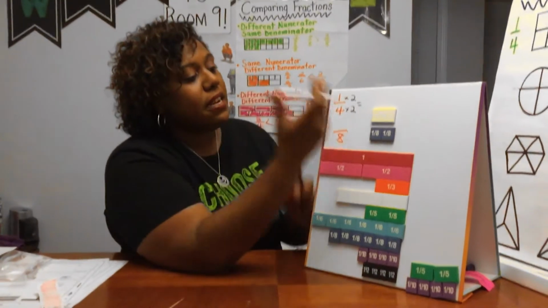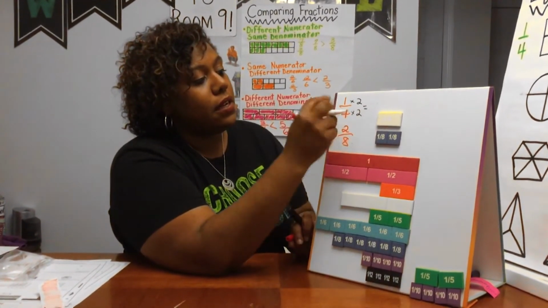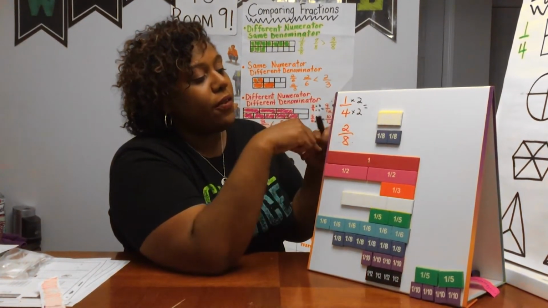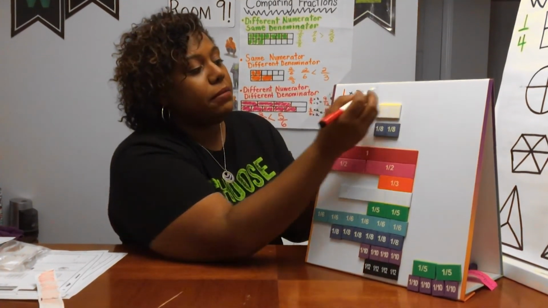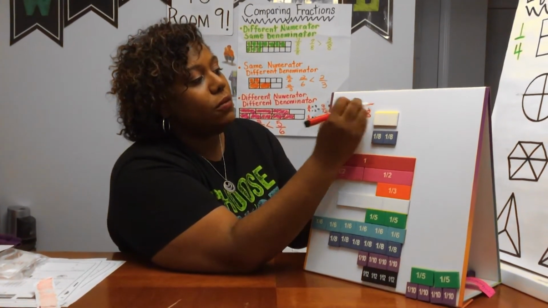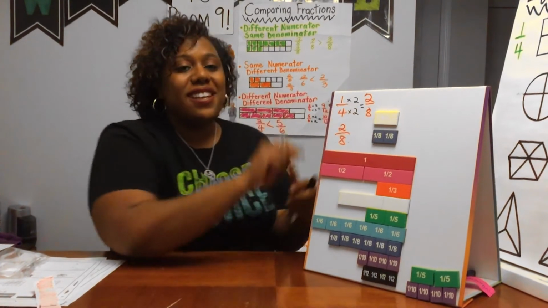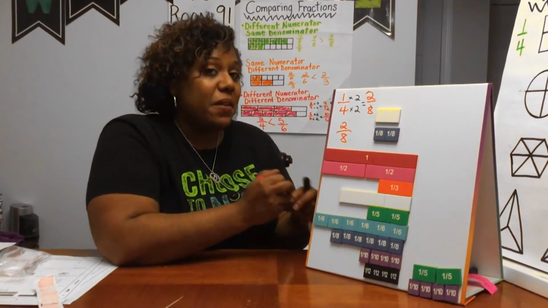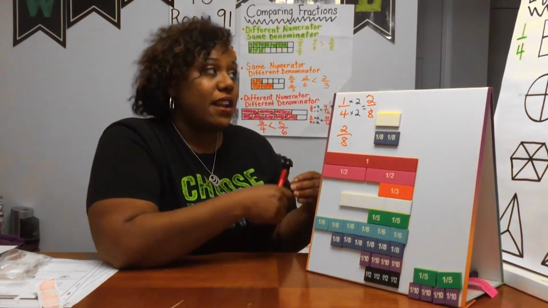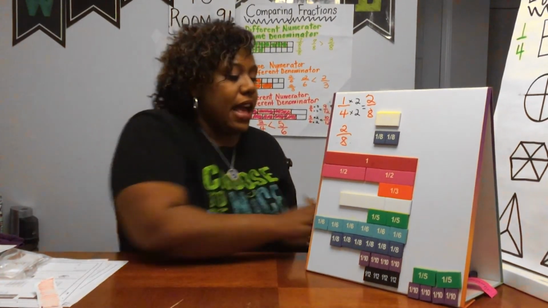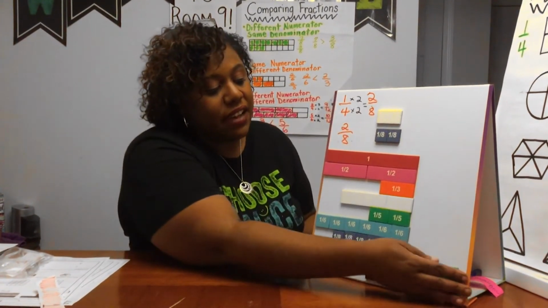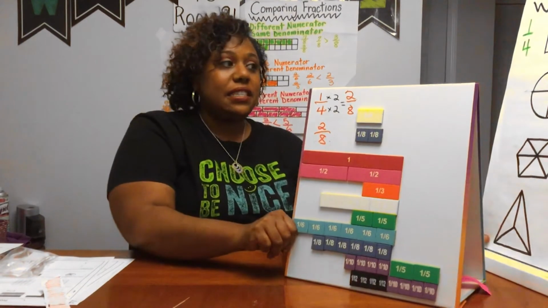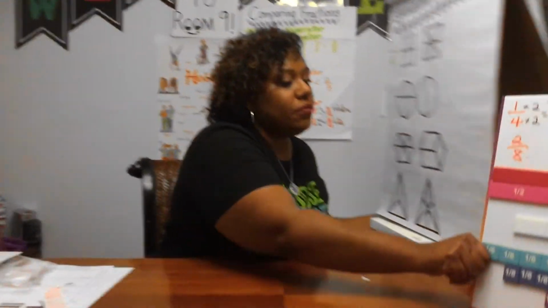2/8 is equal to 1/4, right? 4 times 2 is 8. 1 times 2 is 2. Very good. So that's the work that we're going to continue right now on our big board. I like fraction tiles. Fraction tiles makes it really easy for us to see.